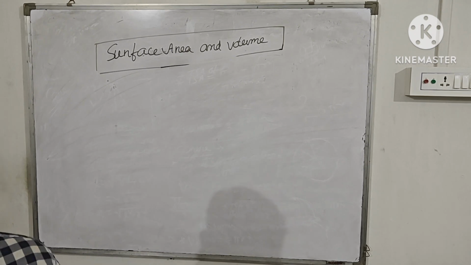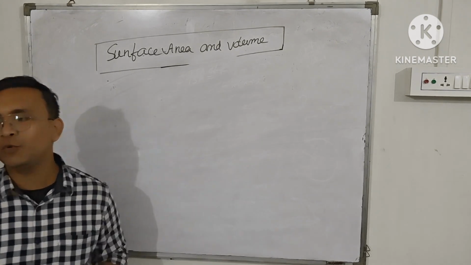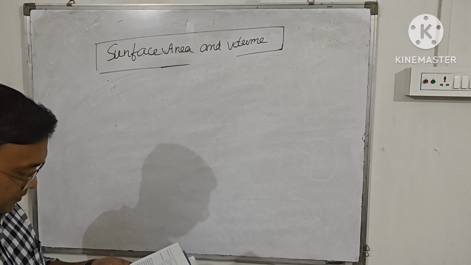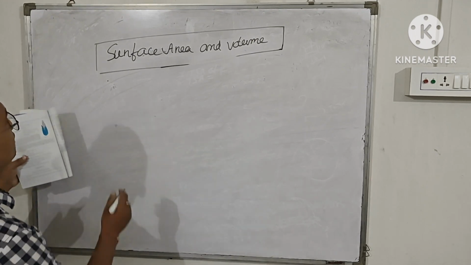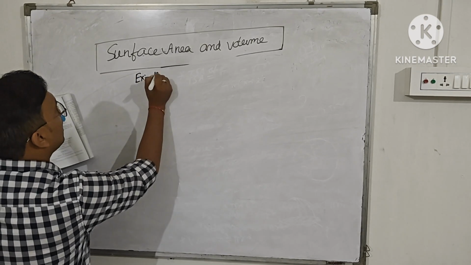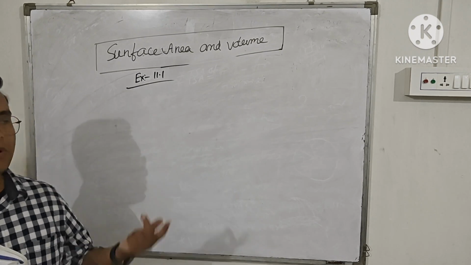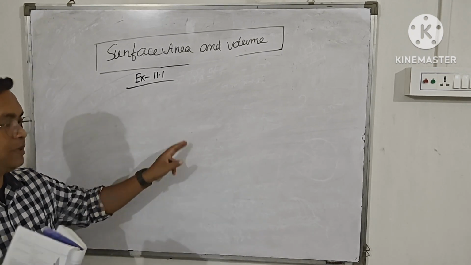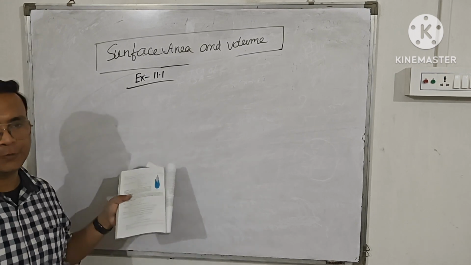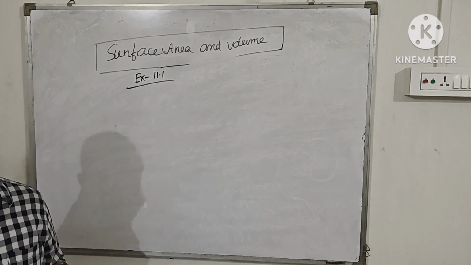That means surface area of cube and cuboid is not necessary. It is omitted. No problem. We will start from cone. From new syllabus, we need only surface area of cone. Though I have explained everything. In your old book, 2 exercises are given before this cone chapter, cone exercise. But in your new syllabus, new book, questions for cube and cuboid are omitted.